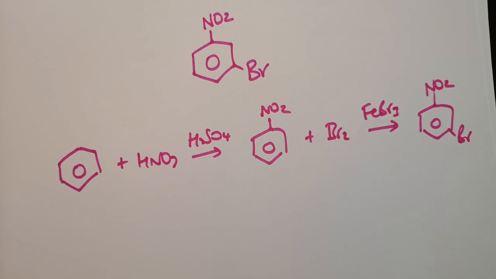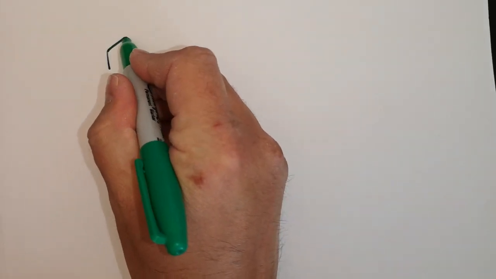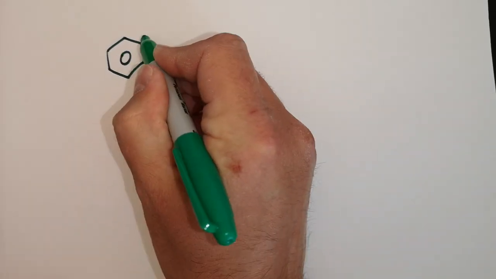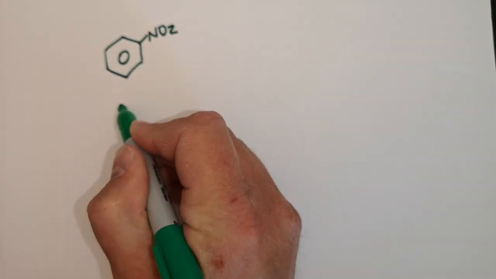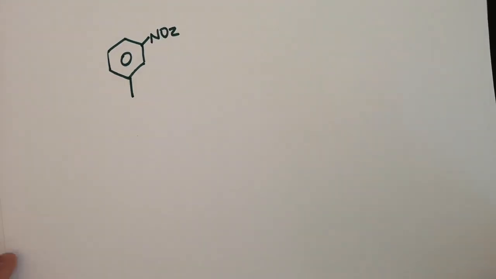Okay, so you can see how we've decided which group is added first by looking at the directing potential of each one. So I'm going to put a couple of examples on the screen for you to have a go at and to decide which order they were produced in. Okay, so the first one I'd like you to look at is, how would I create that from benzene?